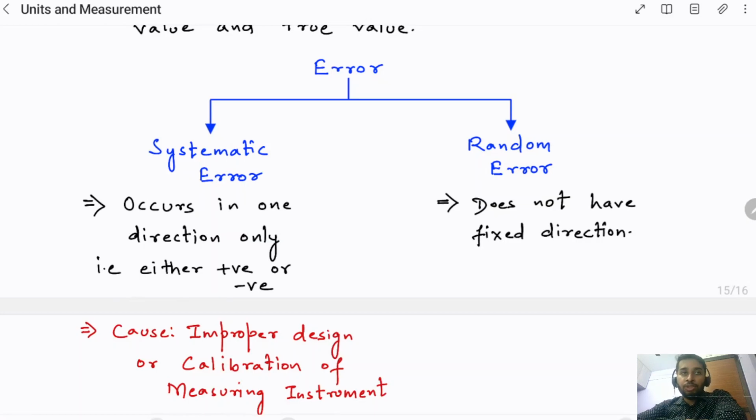What is the meaning of zero error? Zero error is the measurement that we get from any measuring instrument when the measurement is supposed to be zero.